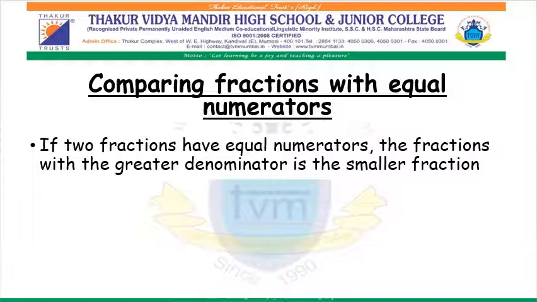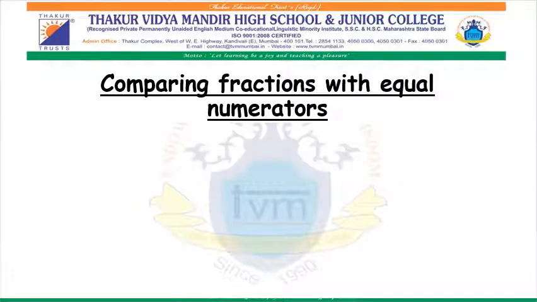I have a very nice example to explain this. Suppose I am having my birthday and I have invited my 4 friends for the birthday party. So I will divide the cake into 4 equal portions. So the fraction that I will get will be 1 by 4.